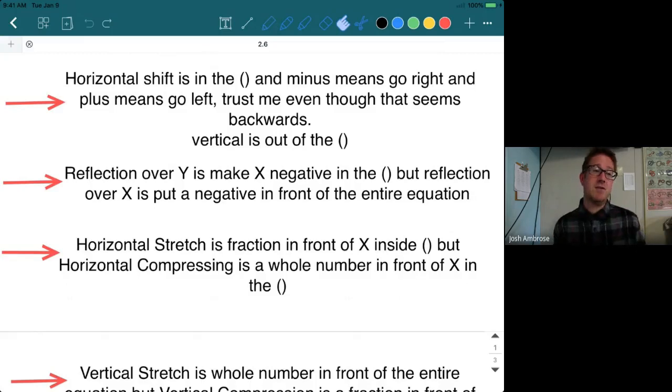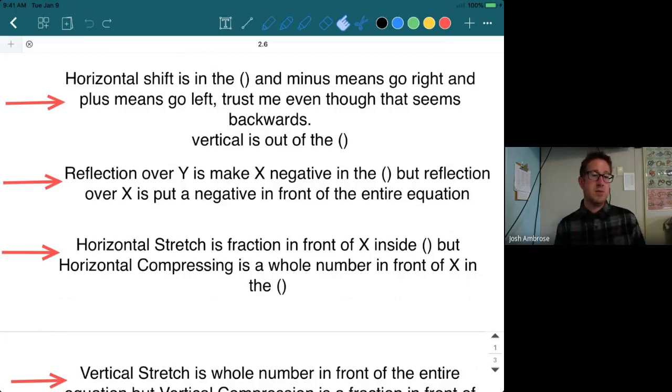And then a vertical shift is when it's completely out of the parentheses. So out of the parentheses, then you'll see plus and then a number, or you'll see minus and then a number. Now, if it's out of the parentheses, then everything goes back to being logical. A plus means go up, and then a minus means go down. So that whole logic stays true. It's only for the horizontal shift that it gets weird and a little different.